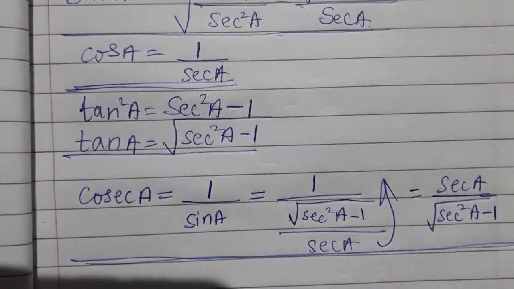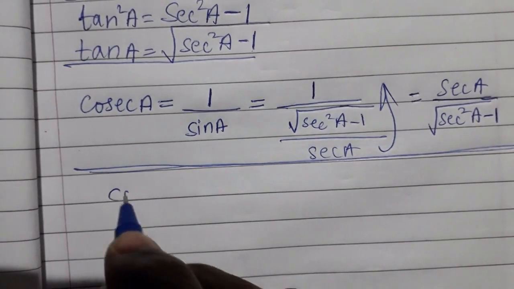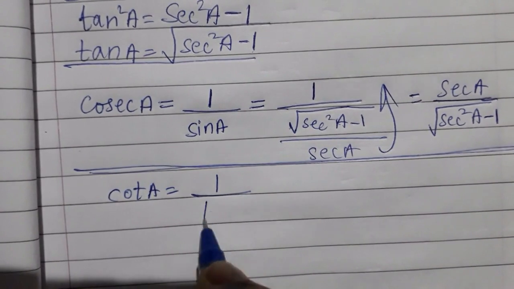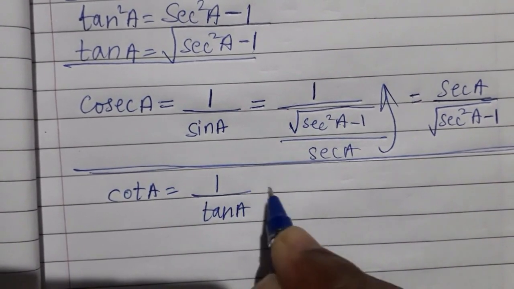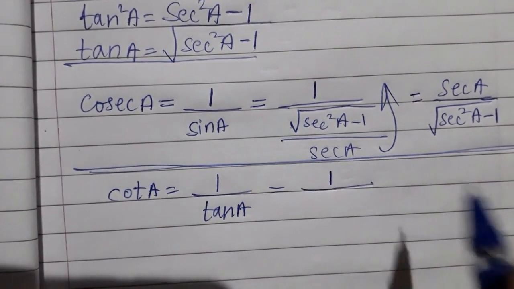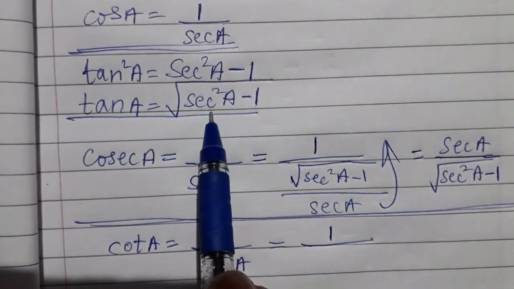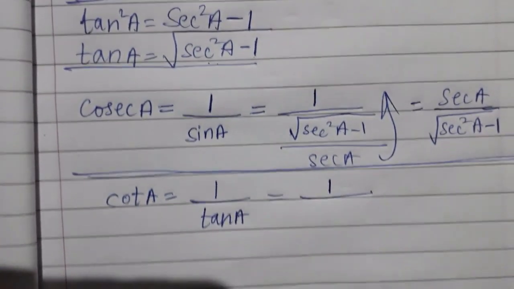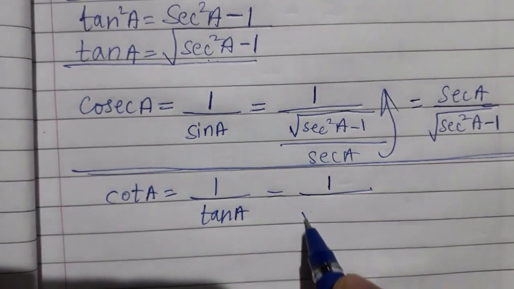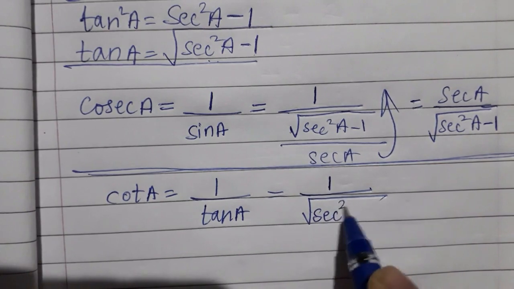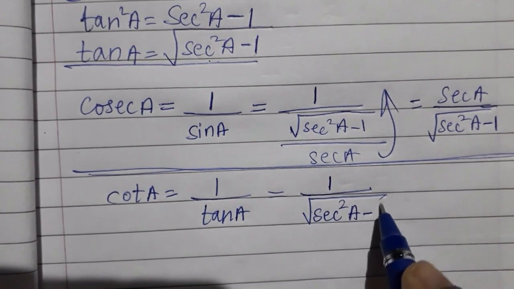Now the last ratio is cot A. Cot A is the reciprocal of tan A. But I have got the value of tan in terms of secant. What is the value of tan in terms of secant? Square root of secant square A minus 1. Instead of tan, I will write square root of secant square A minus 1.